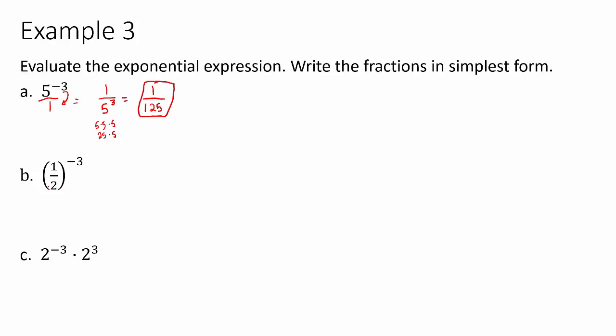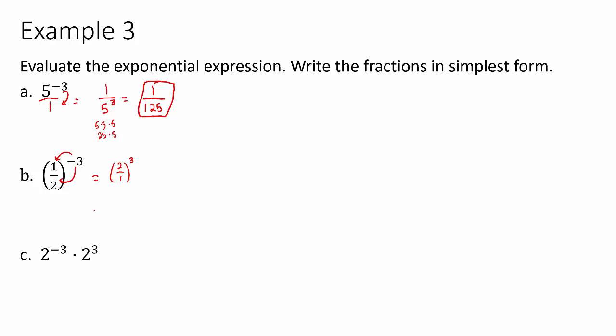On B, we have 1/2 being raised to the negative third power. What happens with this is that both of these are going to need that negative 3. The other way of thinking about it is that the negative exponent, to make it positive, we need to flip our fraction. So we could think of this like 2 over 1 to the positive 3.